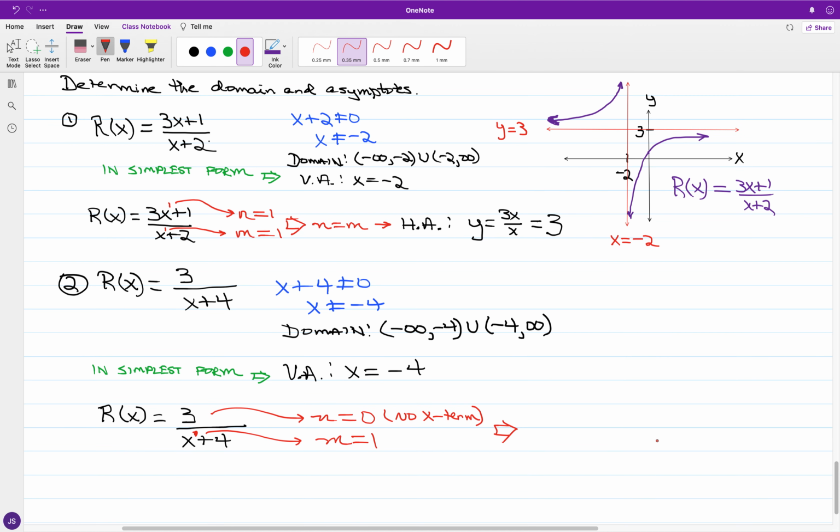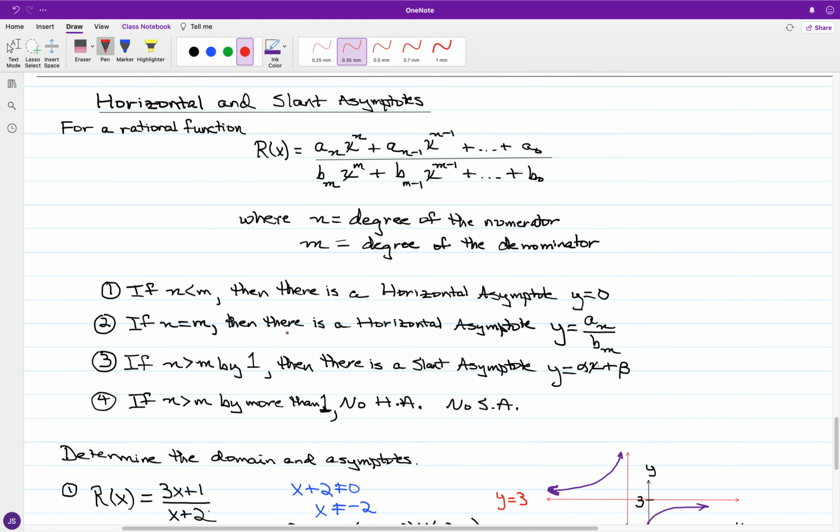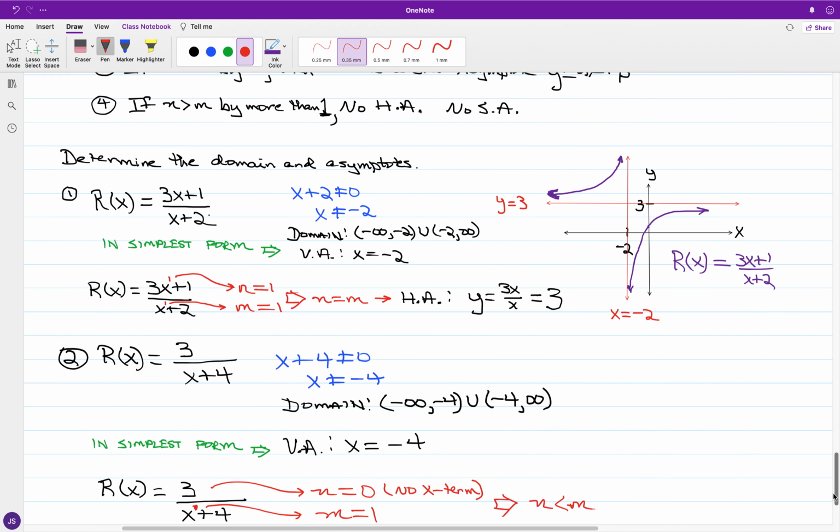So in the relation, n is at 0, m is at 1. So we're going to have a case where n is less than m. So this will be the first scenario drawn up in comparing the degrees of the numerator and denominator. So n is less than m. So this signals that there will be a horizontal asymptote y is equal to 0.